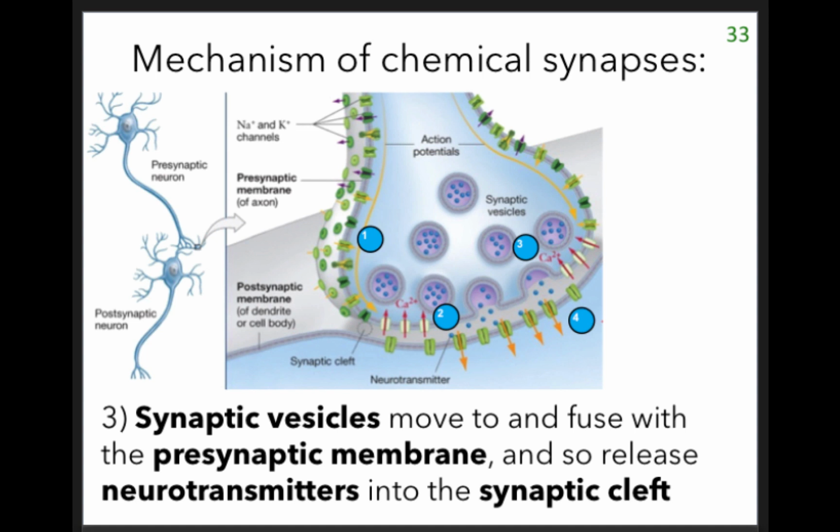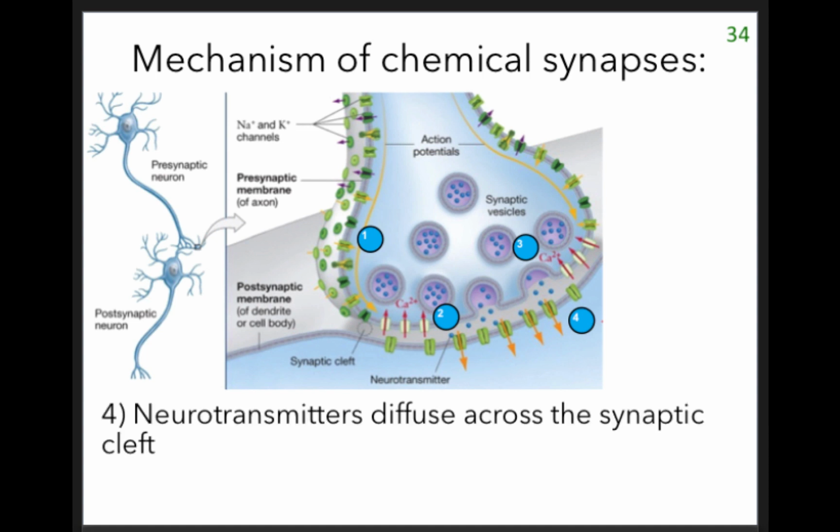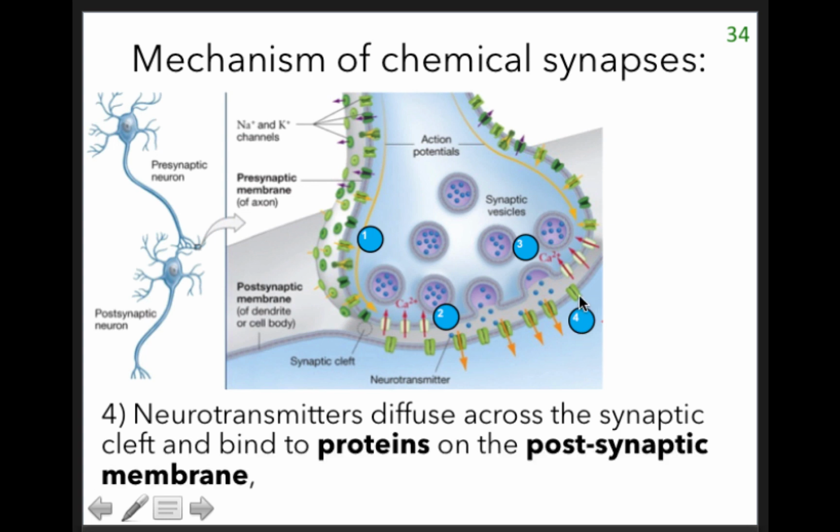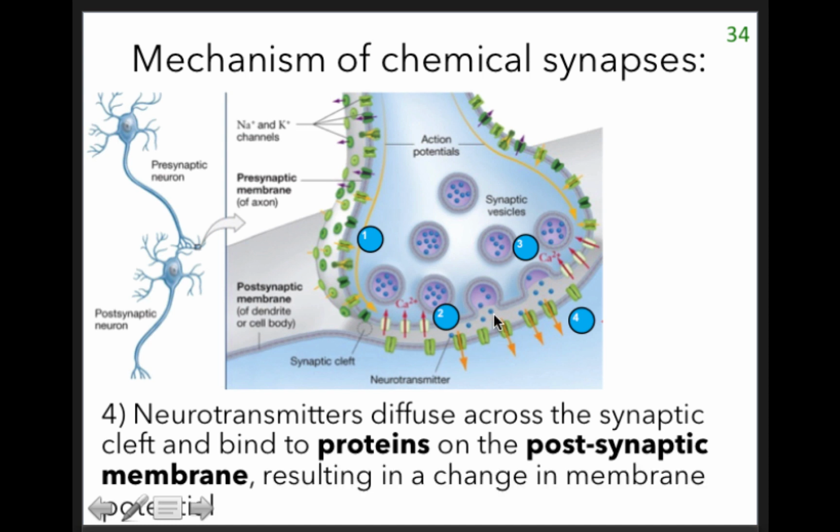Okay, so now we've released the neurotransmitter, and the neurotransmitters then diffuse across this very small gap, which doesn't take very long, and they can bind to proteins on the postsynaptic membrane. Notice that as they bind to the protein, these might be ligand-gated sodium channels that will open up and let some sodium in, and that will depolarize the membrane a bit. Overall, we've had the action potential come in, the neurotransmitter released, diffuse across, and bind to the membrane protein of the postsynaptic membrane, and that causes a change in the membrane potential.